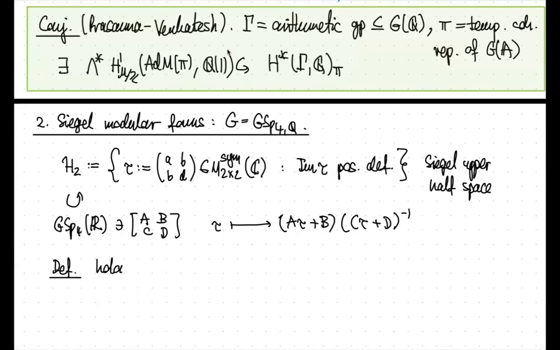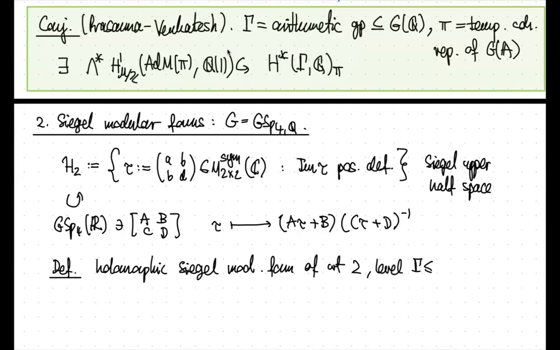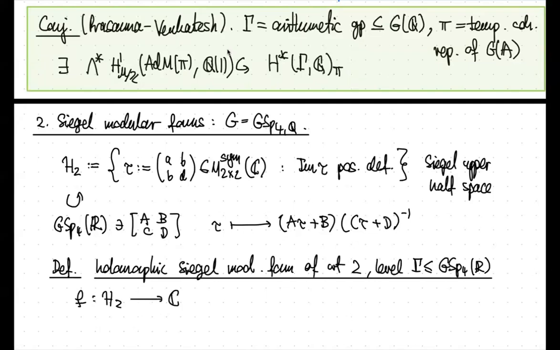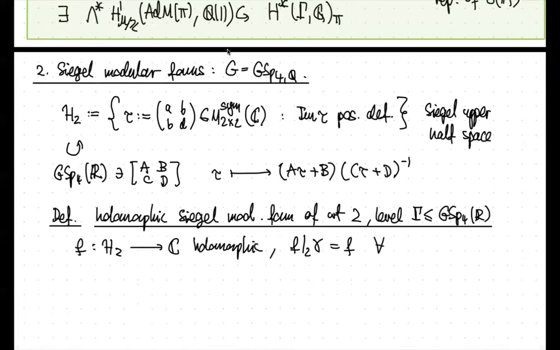A holomorphic Siegel modular form of weight 2 and level Gamma, where Gamma is some subgroup of GSp4(R), is a function on the Siegel upper half space which is holomorphic, this time just valued in C. And there is a weight 2 slashing action for all gamma in Gamma.